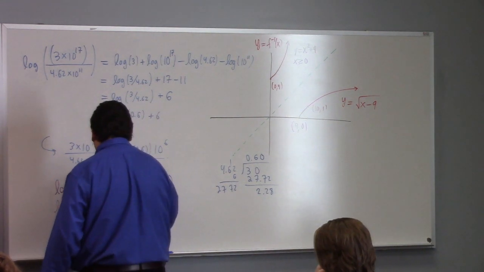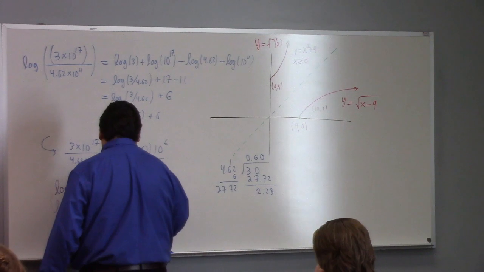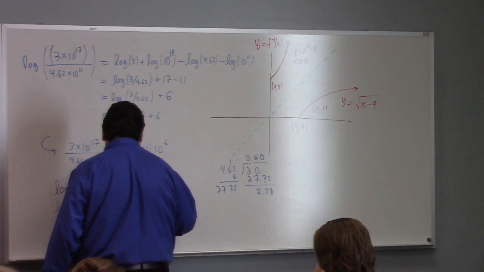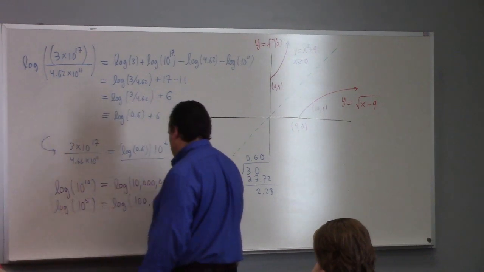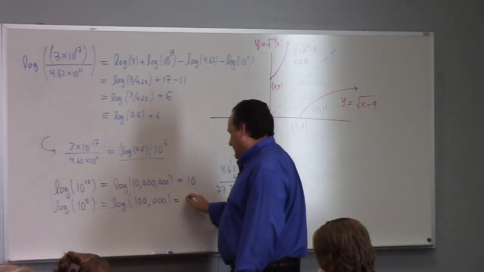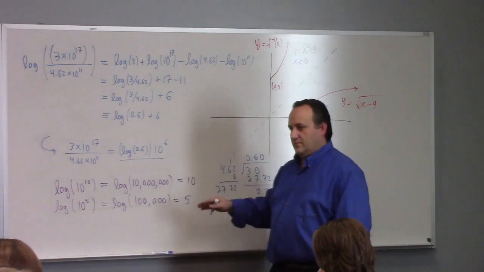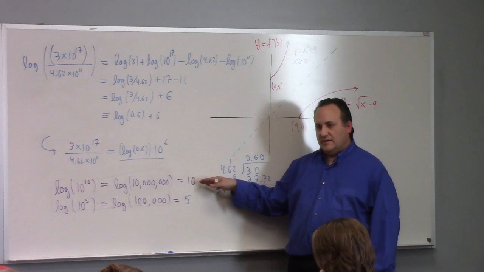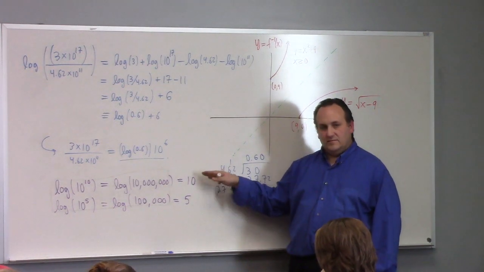And this is the log of 100,000. What's the log of 10 billion? Well, it's 10, right? What's the log of 100,000? It's 5. So we can compare 100,000 to 10 billion just by going from 5 to 10 using a log.